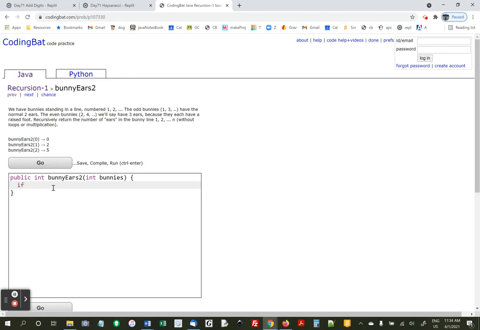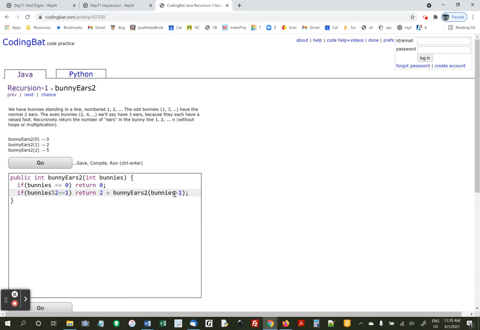So again, if bunnies is equal to 0, we're going to return 0. Then we have to deal with odd or even. So if bunnies mod 2 equals 1, so odd bunnies have the normal 2 ears, return 2 plus bunny ears 2 of bunnies minus 1.